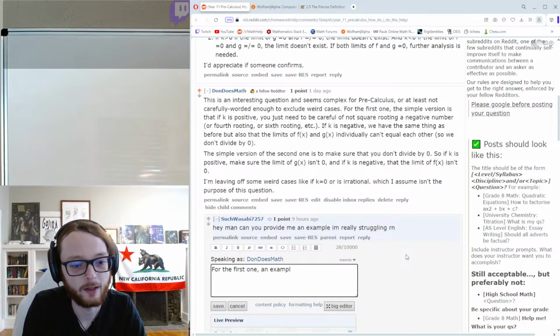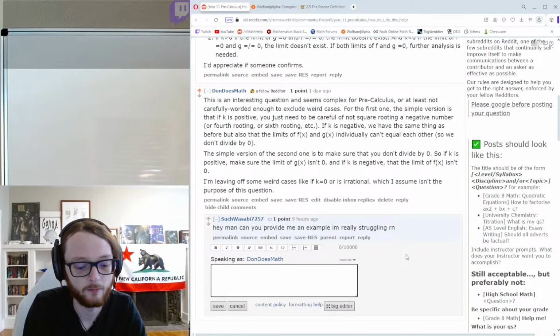An example, we're given that f and g converge to something.